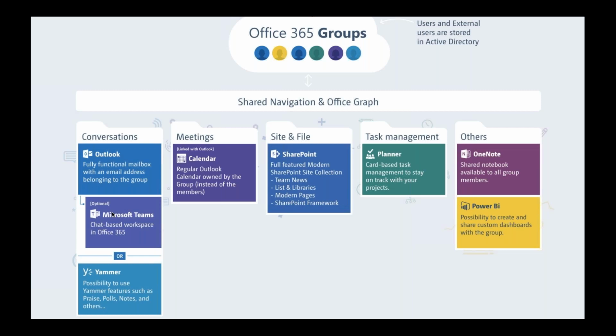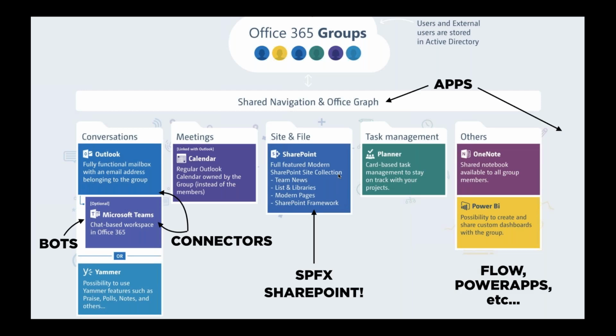It's the same thing with Teams that generates these SharePoint sites, worried about duplicates. There's a ton of things to look into. But essentially, after you've created Office 365 groups, there's a ton of ways to extend the Office 365 group in the various products, whether it's Flow, Power Apps, whether it's connectors and bots, whether it's the SharePoint Framework for SharePoint.